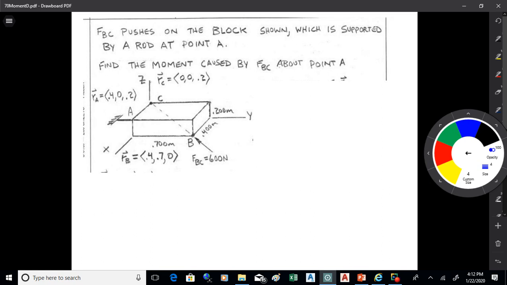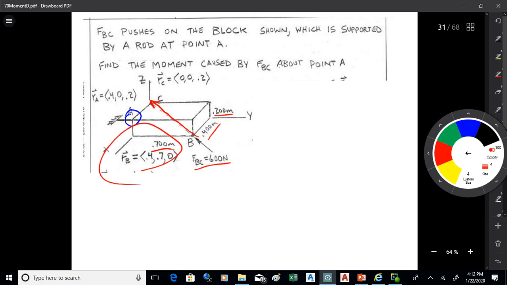So what I've got there is a 600 Newton force that goes from B to C. I've got coordinates because I've got a rectangular box there. I've got the connection there at A, so I'm going to take moments about A. And I've got this force that goes from B to C. I've got the magnitude of the force, and then I've got the dimensions of the box here.